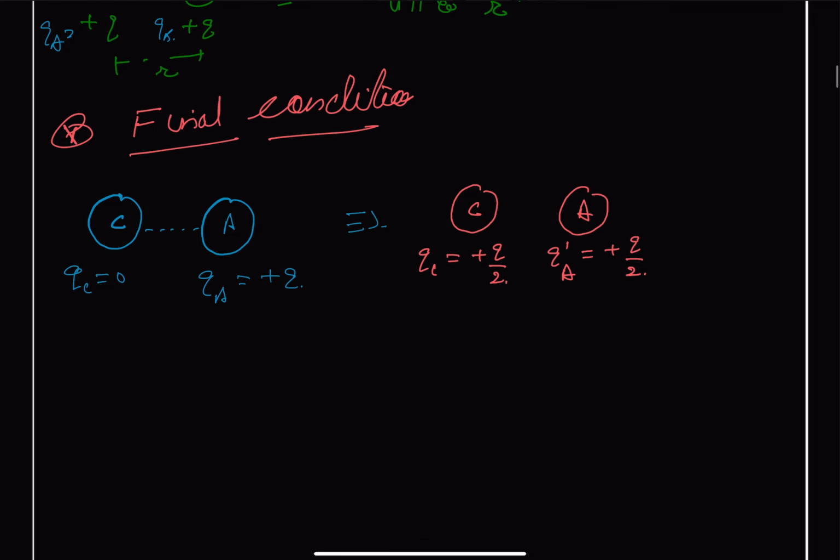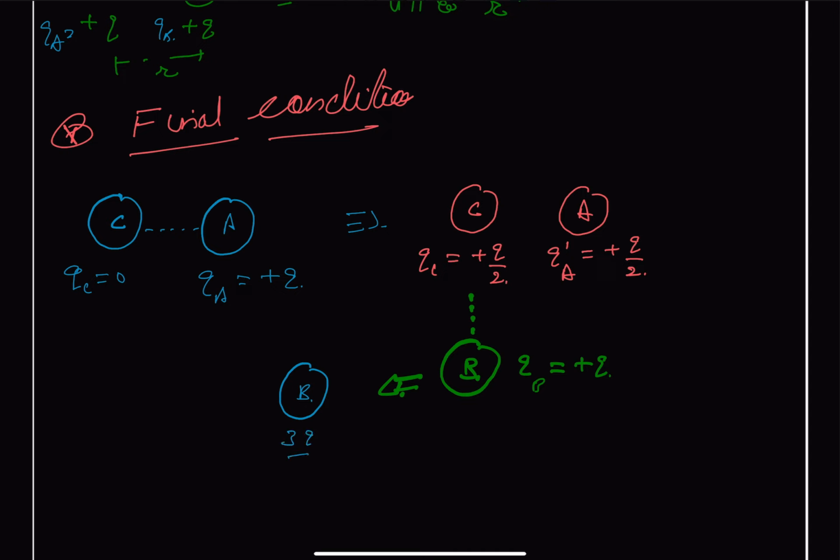And after that, this C is brought in contact with B, and B is having an initial charge, that is QB, equal to plus Q. Therefore the charge between B and C will come as 3Q by 4 each.